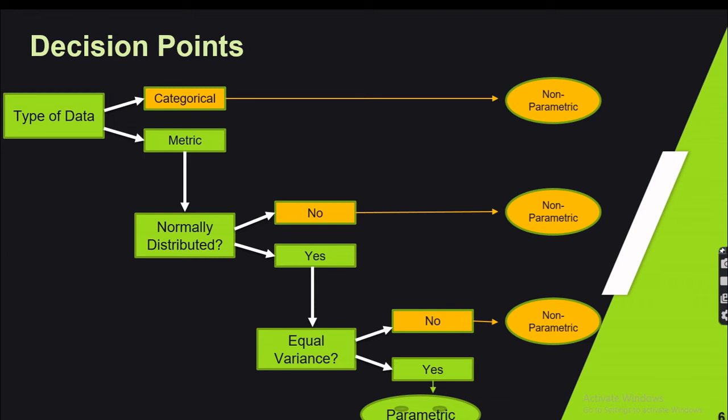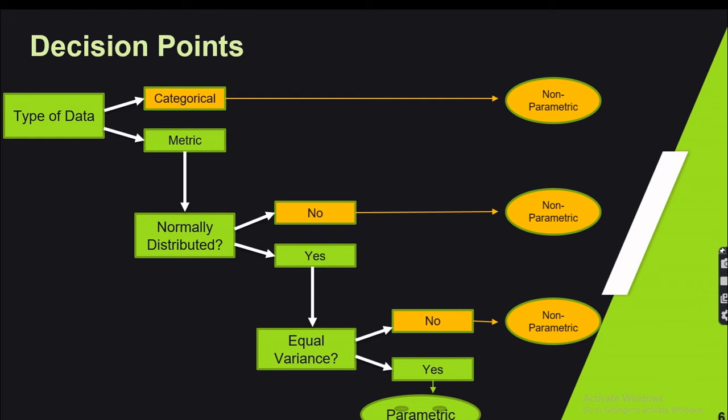If the data does not assume equality in variance, or as we call it, homogeneity of variance, if we find our data set doesn't satisfy this condition, then we can use a non-parametric test, but we should not use a parametric test.